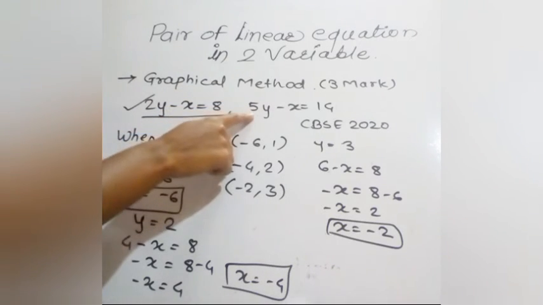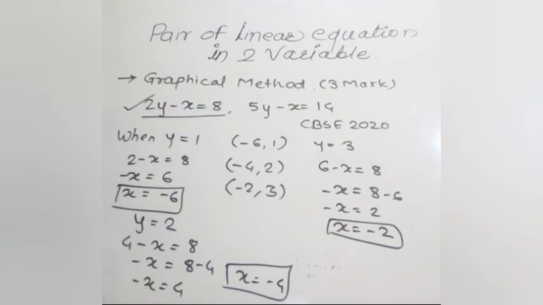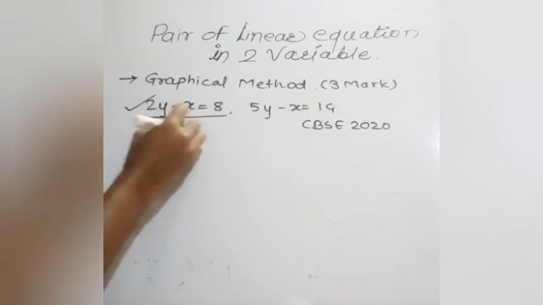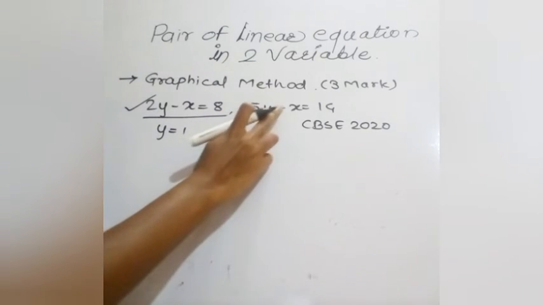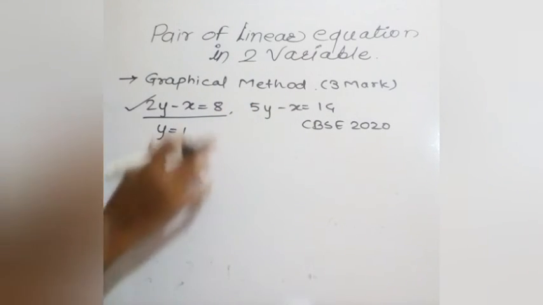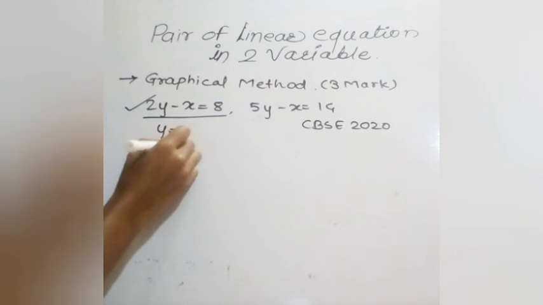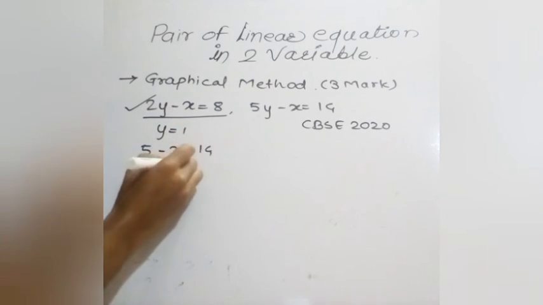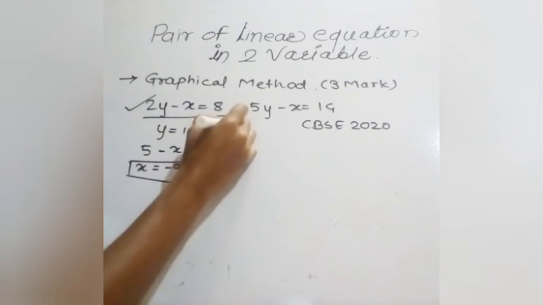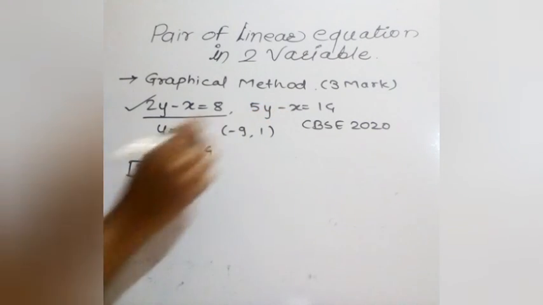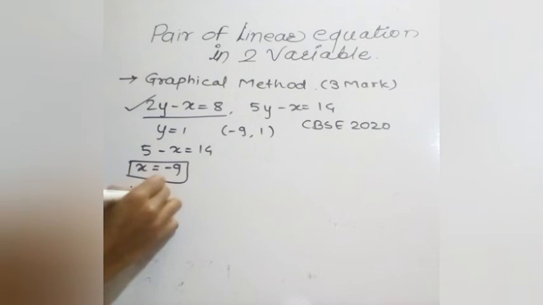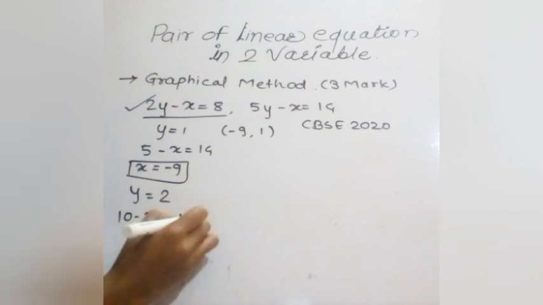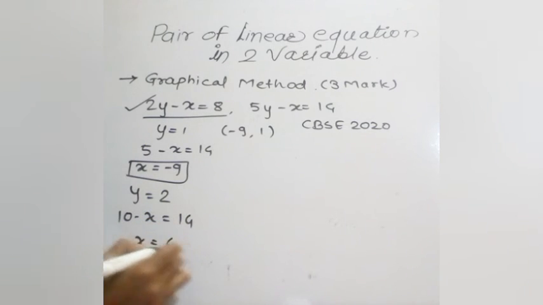So let's find the solution for this equation. Let's take this equation and put the value of y. If y is equal to 1 for 5y minus x is equal to 14, then 5 minus x is equal to 14 and x is equal to minus 9. So the point is minus 9 comma 1. Let's put y is equal to 2. In that case, 10 minus x is equal to 14 and minus x is equal to 4.